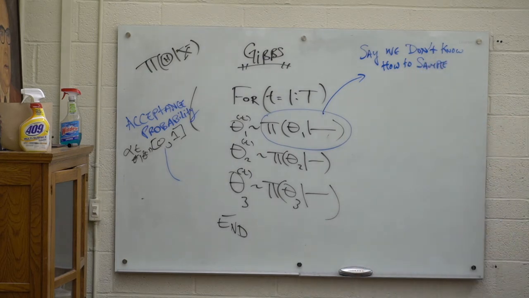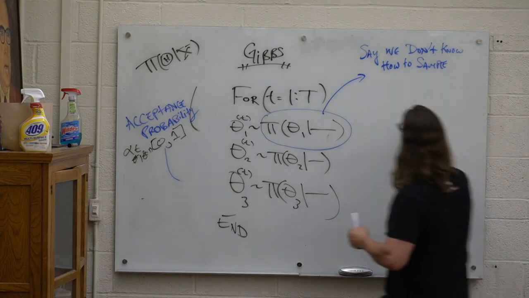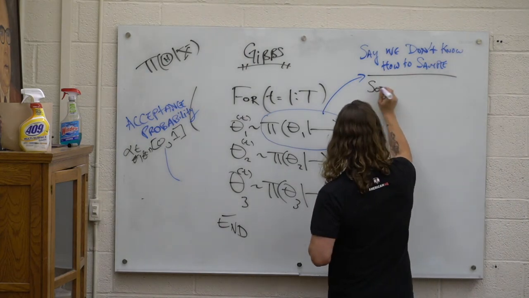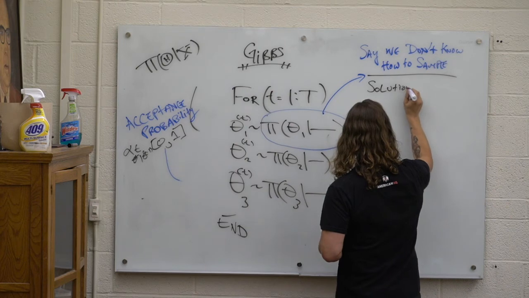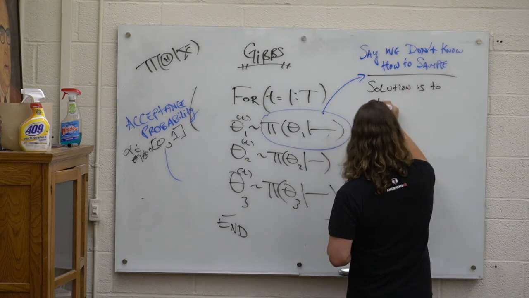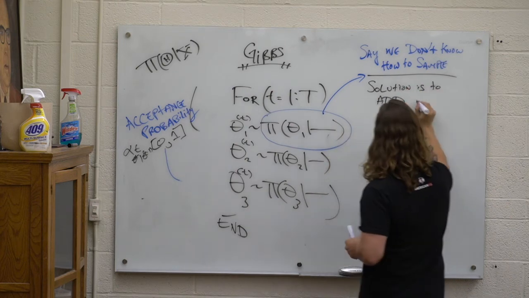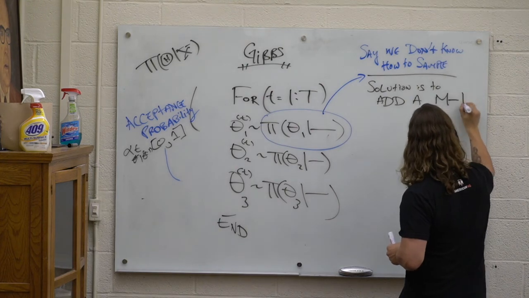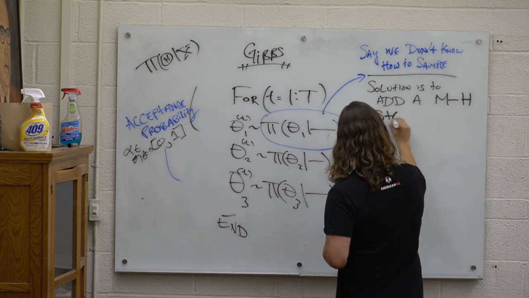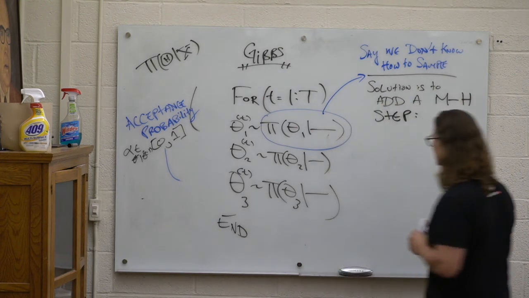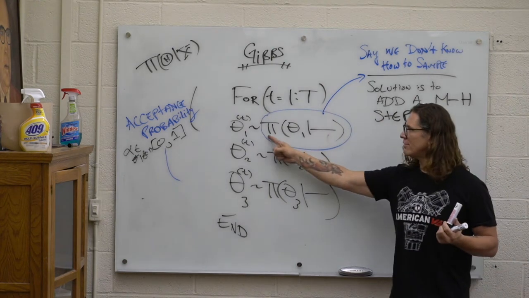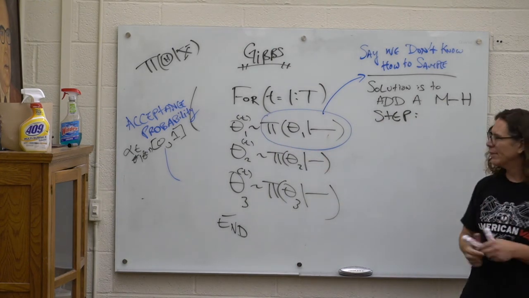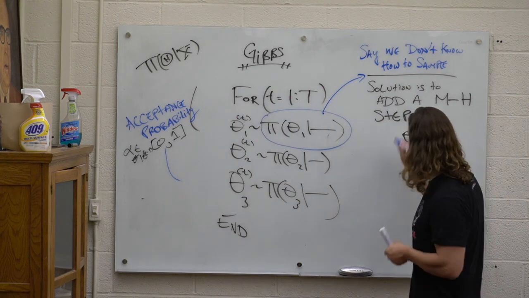What I can do is a Metropolis-Hastings step. So the solution is to add a Metropolis-Hastings step. What I mean by that is, instead of just saying I can do it, I build the MH step in directly.